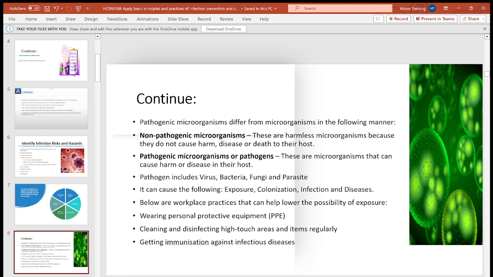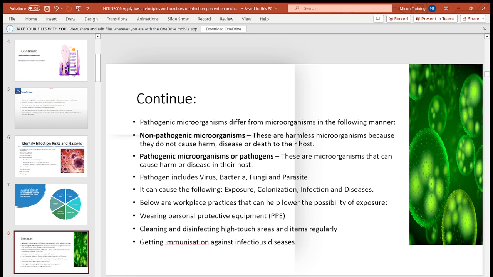While pathogenic microorganisms, or pathogens, are those that actually cause harm to their host. So pathogens include viruses, bacteria, fungi, and parasites. They can cause the following: exposure, colonization, infection, and diseases.